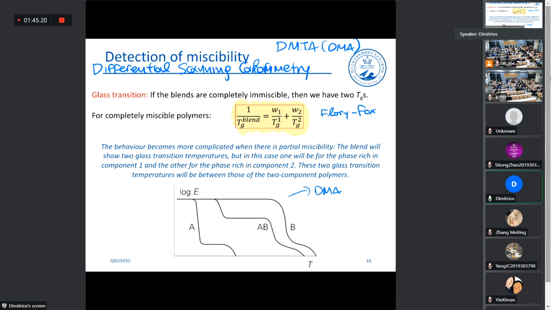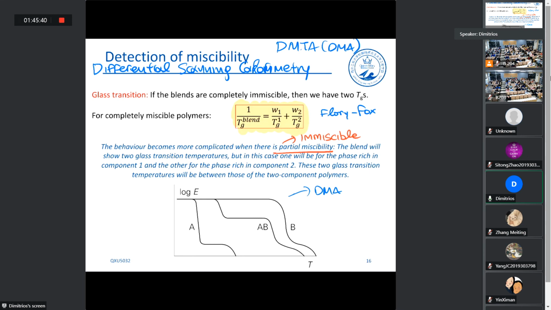Now, there is a case where we can have what is called partial miscibility, okay? So partial miscibility is, of course, a certain category of immiscibility. So we're talking about still immiscible blends, okay?